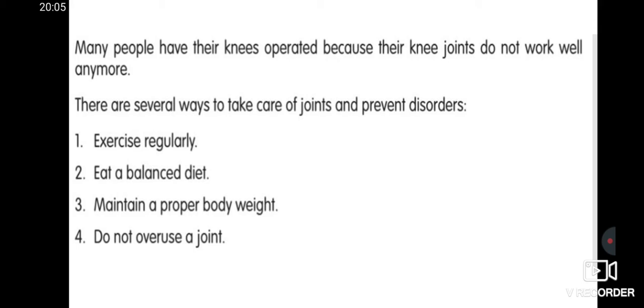So children, these were all disorders in our bones, but we have to know how we can take care of them. Many people have their knee operated because their knee joints do not work well anymore. There are several ways to take care of joints and prevent disorders. So what are those? Exercise regularly.